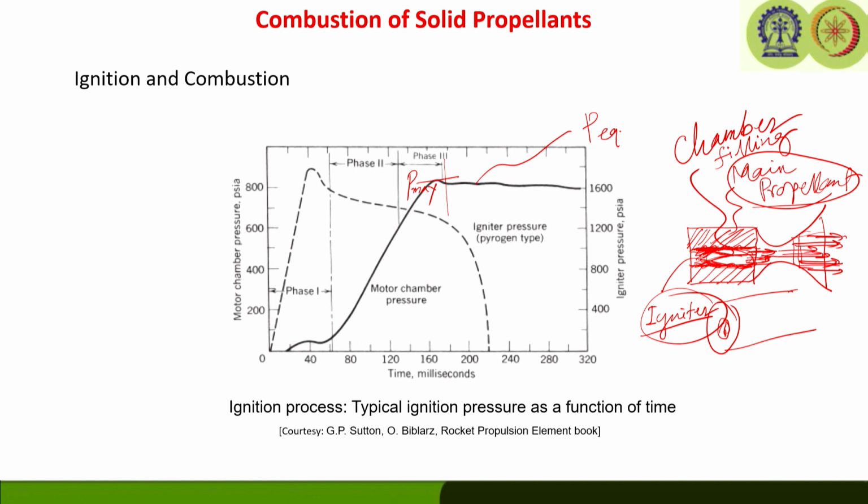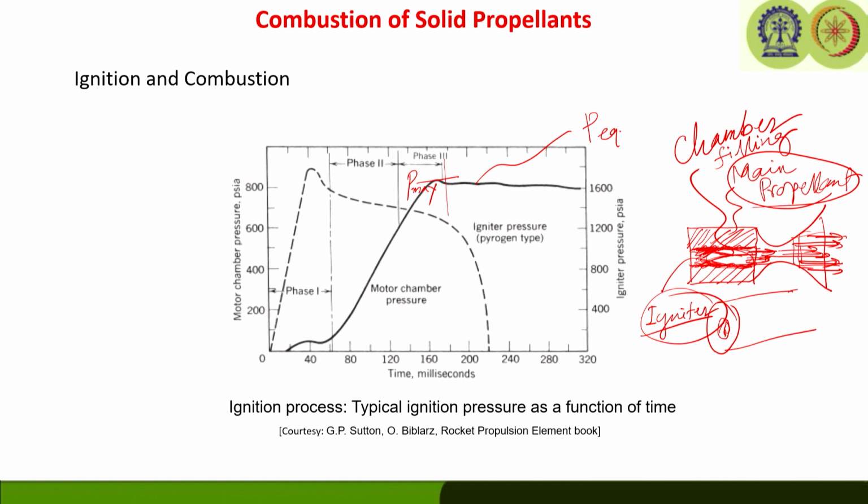Okay. Now, the ignitability of the propellants will also depend on many factors, first and foremost of course the propellant formulations, as I said, the type of oxidizers we use, whether it is perchlorate based, nitrate based, or whether it is a nitramine propellant.